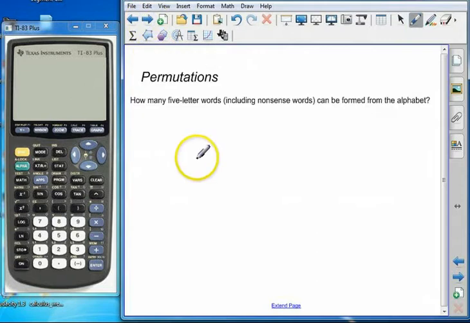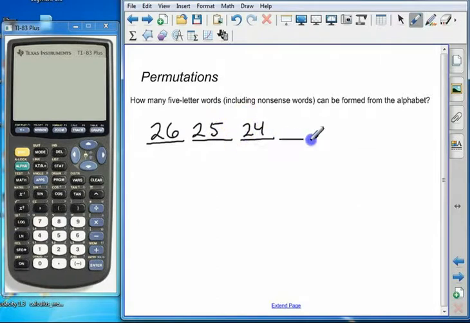So let's look at our next example. How many 5-letter words, including nonsense words, can be formed from the alphabet? Well, if I take the first letter, I have 26 letters to choose from. That leaves me with 4 more spaces to fill. I've already used 1 letter in the first slot, so I have 25 to choose from here, and then I have 24 to choose from in the third slot, 23 in the fourth slot, and then back down to 22.